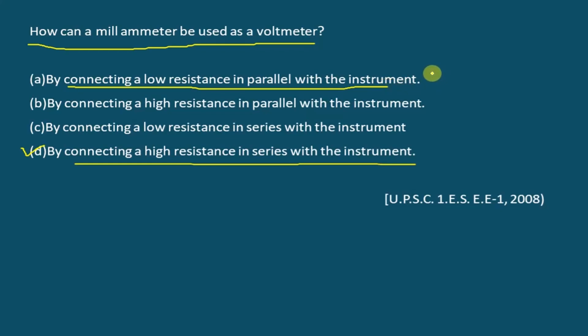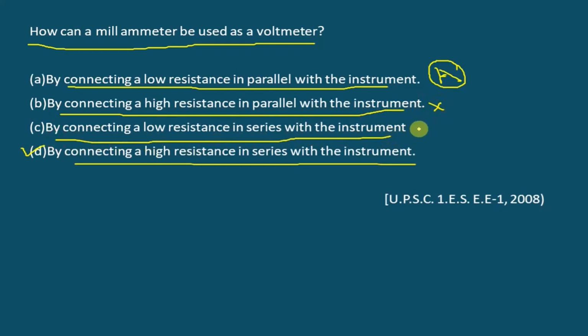That is called a shunt, an ammeter. By connecting a high resistance in parallel with the instrument, nothing will happen. And by connecting a low resistance in series with the instrument, nothing will happen. So this is the answer, option D.